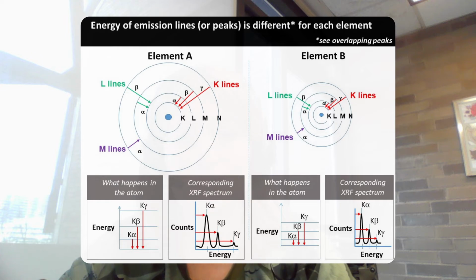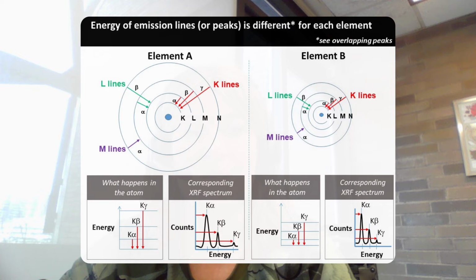Let's compare two different elements, A and B, and see how their secondary electron energies differ. These two figures show possible X-ray emission lines or energies that can emit when vacancies are created in different orbitals within each atom.